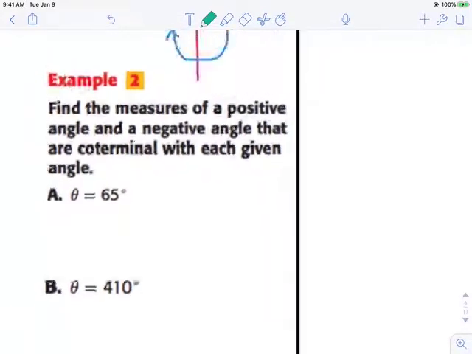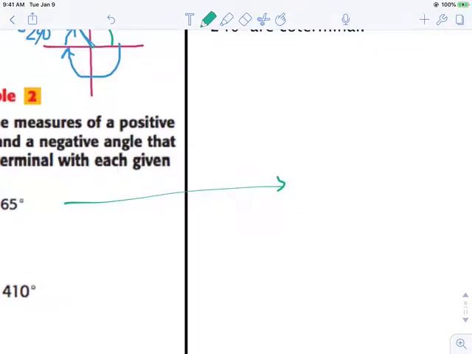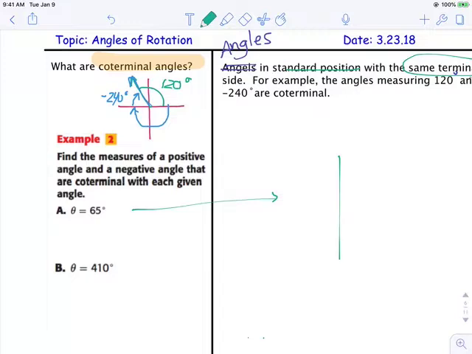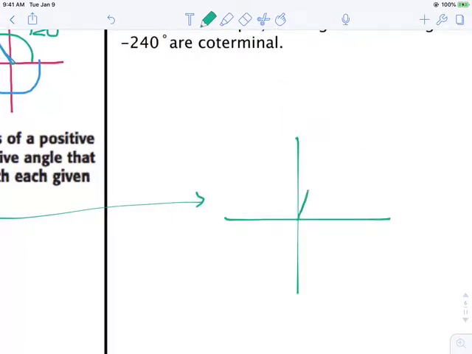Let's see here. 65. So you tell me, what is a coterminal angle for 65 degrees? So for 65 degrees, let's draw it first. 65 degrees is about right here.